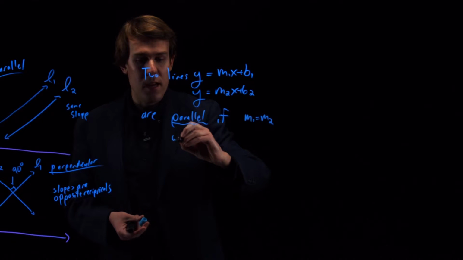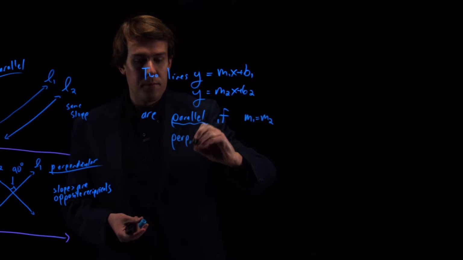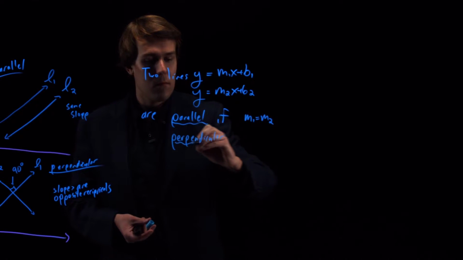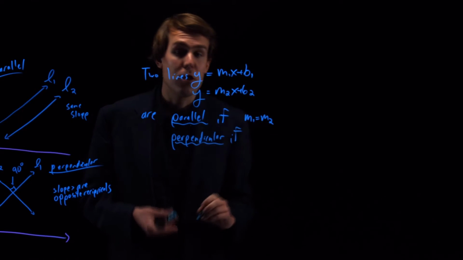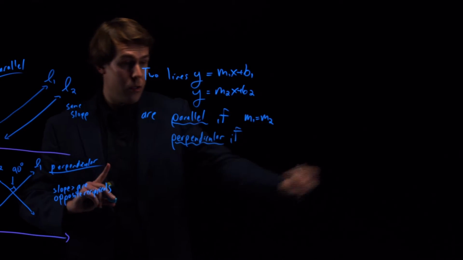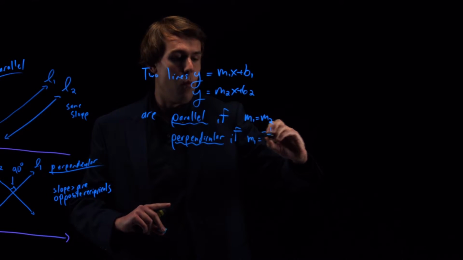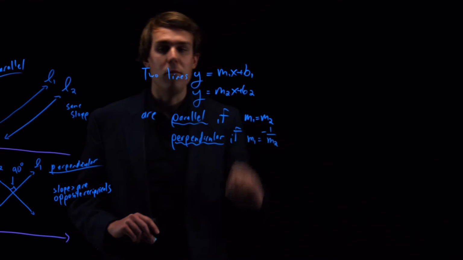And they are perpendicular if the slopes are opposite reciprocals. So if m1 is equal to negative 1 over m2.